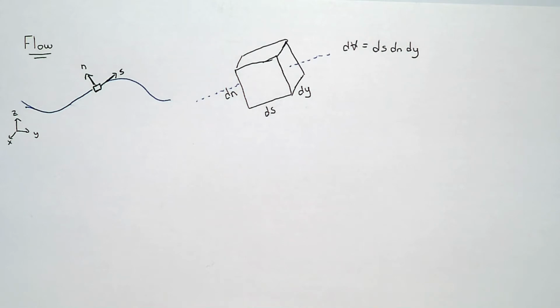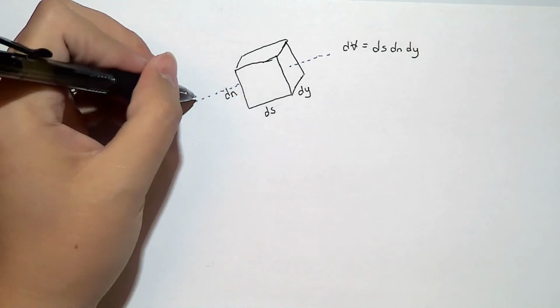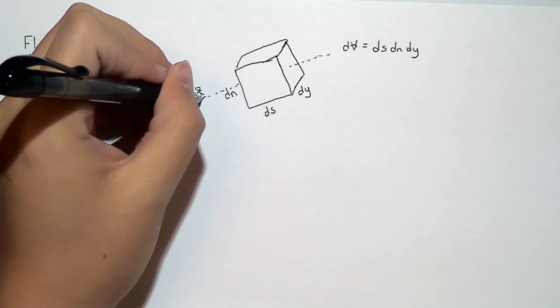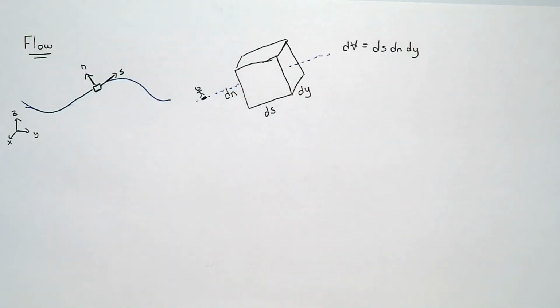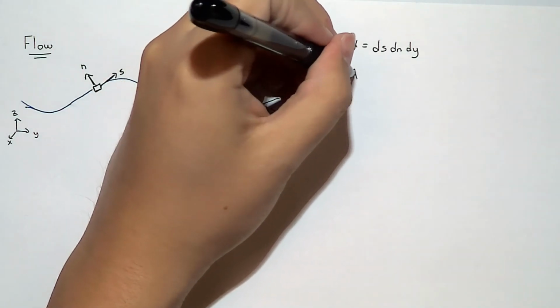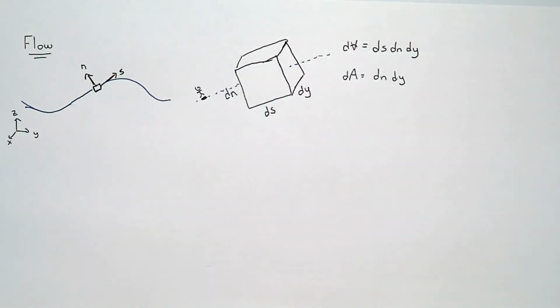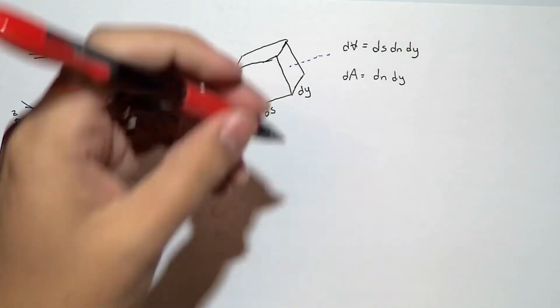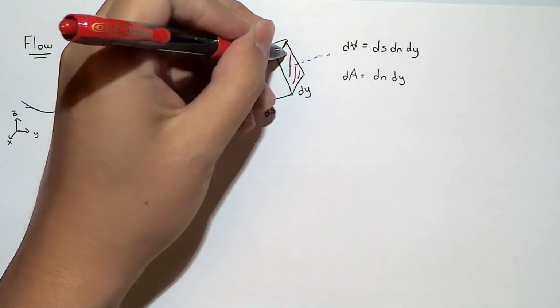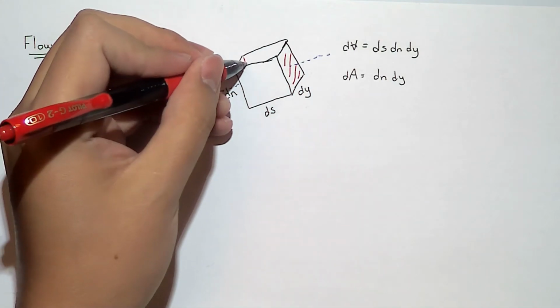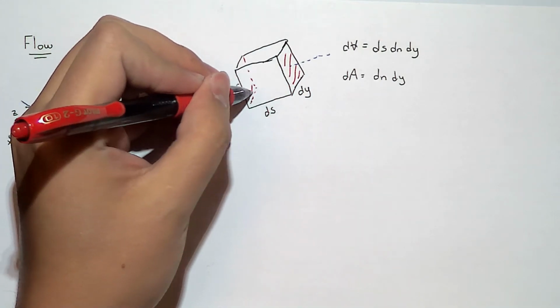In other words, if I'm surfing along my streamline, standing right here, and I look at my control volume, I'm going to see a square. What is the area of that square? That's correct, dn times dy. Because essentially, what I'm looking at is an area that's normal to the streamline on this end and on the other end.